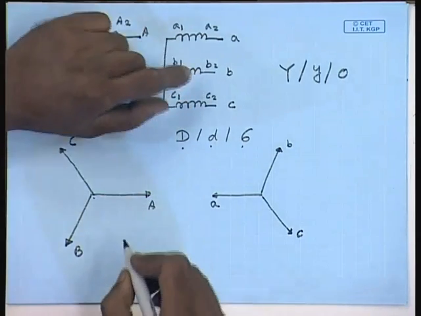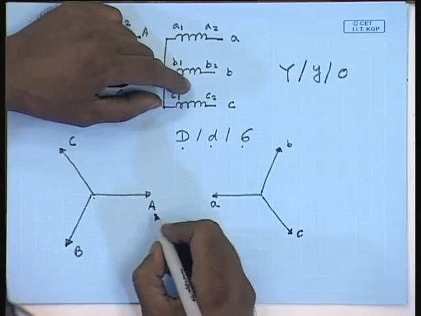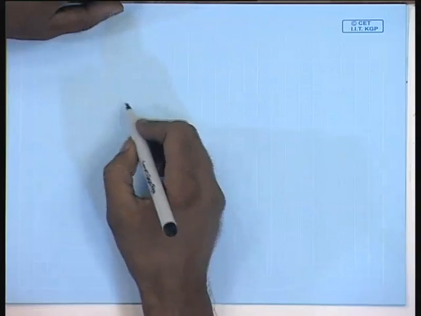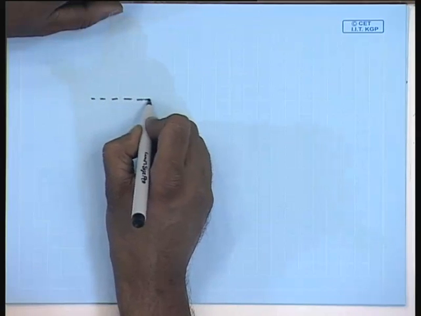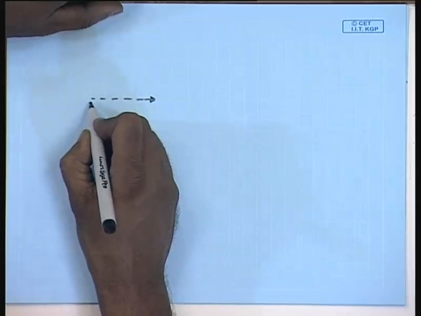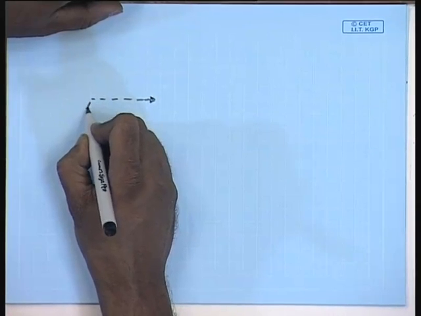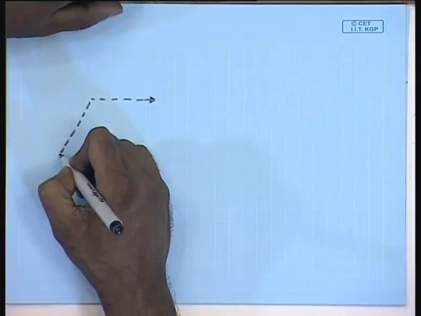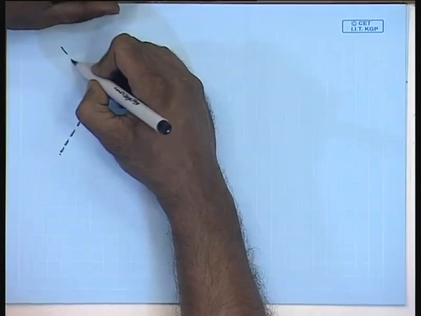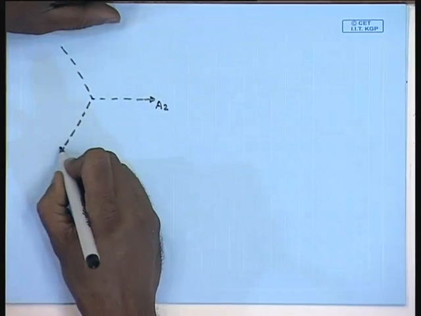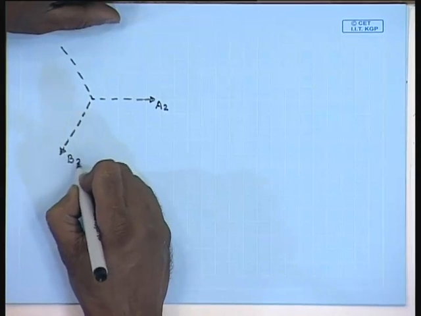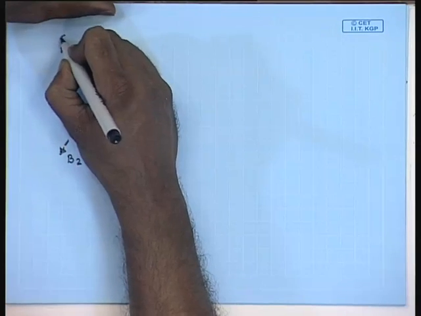However, we will still assume that the lines are connected to A2, B2 and C2. This is terminal A2, this is terminal B2, this is terminal C2.